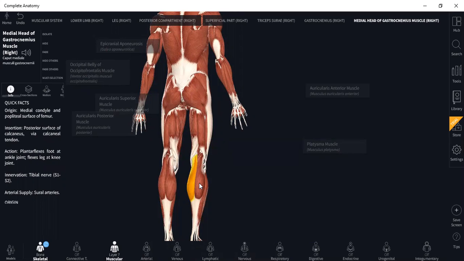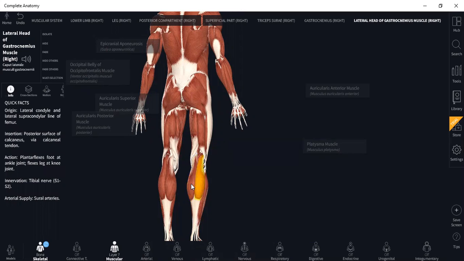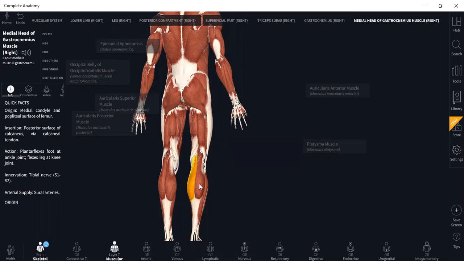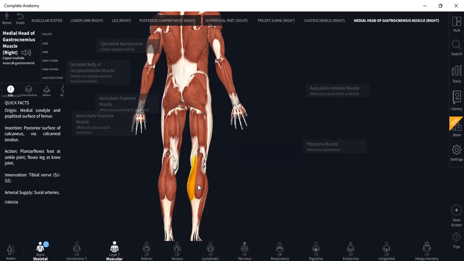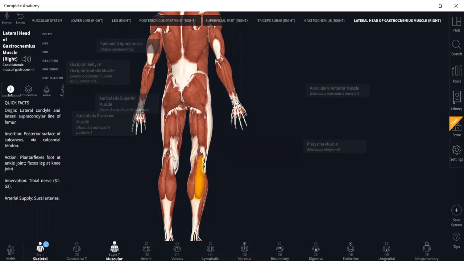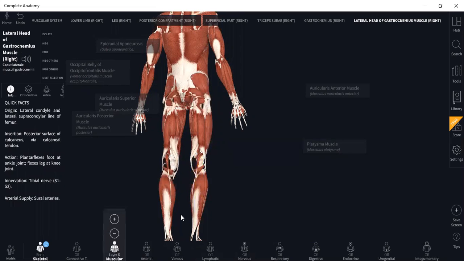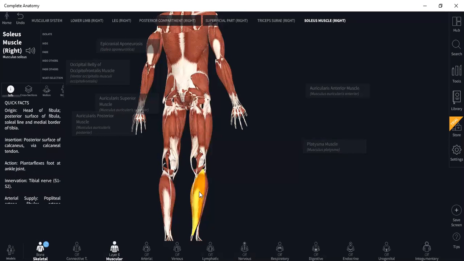Gastrocnemius is this large muscle in the lower leg, and it can also flex at the knee, but its major action is in plantar flexion, so pointing those toes. If we remove gastrocnemius, we can see soleus.